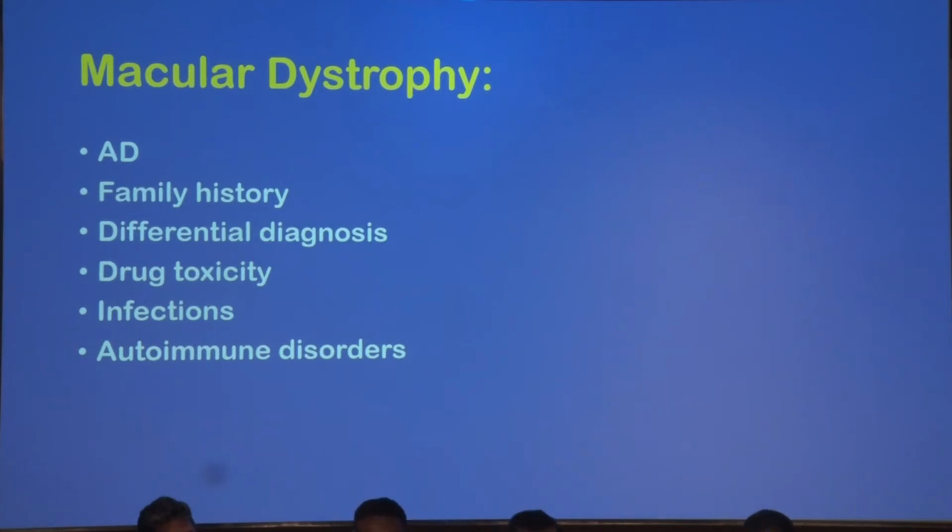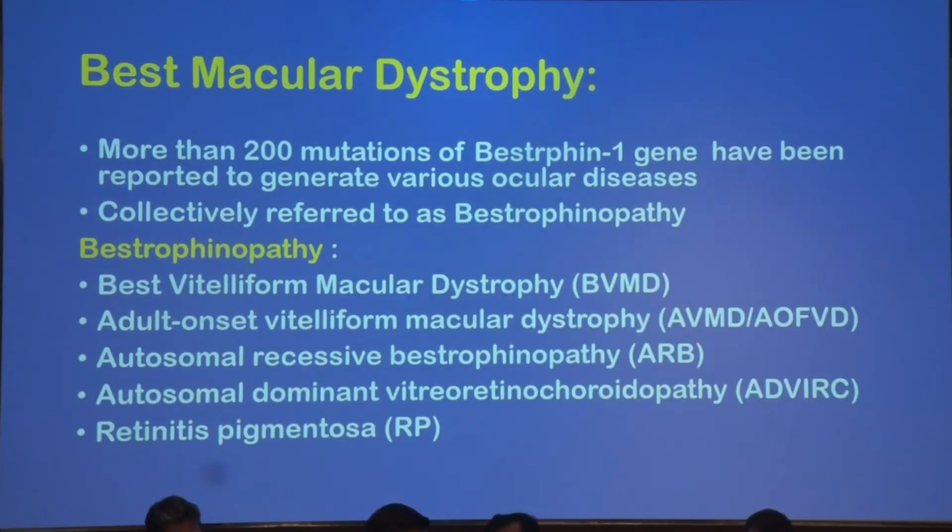Other things to keep in mind: we have to rule out any kind of drug toxicity, which is why history taking is important, and a history of infections like toxoplasma, and autoimmune disorders. Sometimes even multifocal choroiditis can have this kind of presentation.